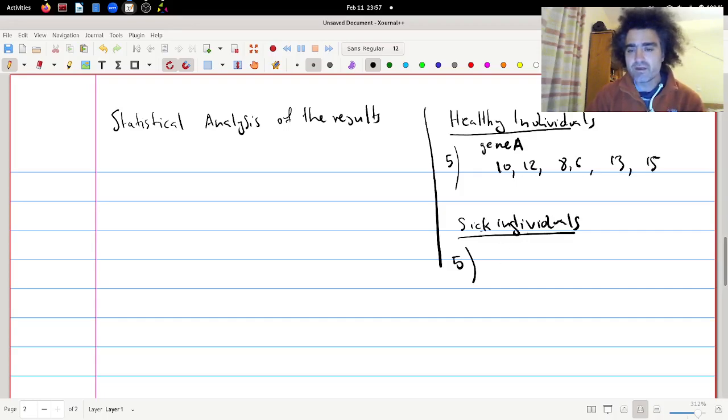And here the expression level for the sick individuals might be 13.5, 14.8, 17, 21, 28.